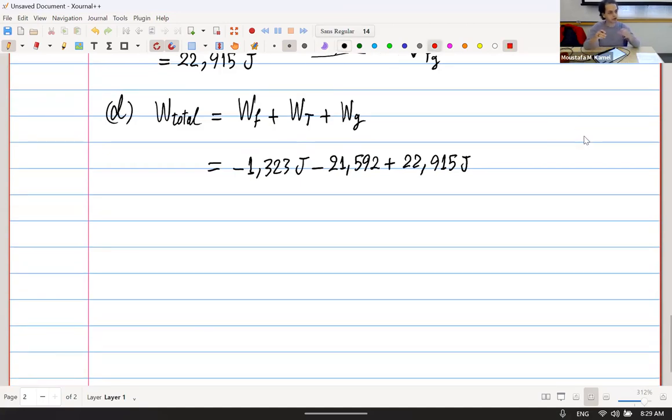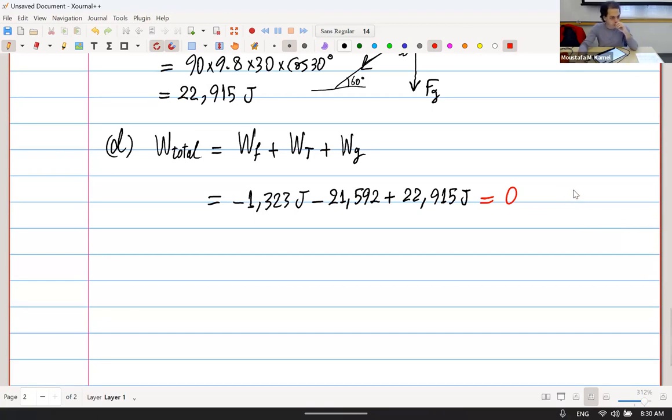All of this has to add up to 0. So rounding might cause a small error, I got 1. Yeah, it should be 0, because sometimes rounding makes that error when we're dealing with thousands. You see 22,000, so if you get 1, it's a sign that it should be 0.